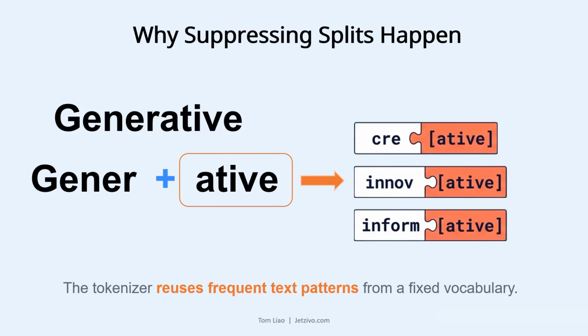Frequently occurring character sequences are more likely to become larger reusable tokens. Less common words, unusual names, or unfamiliar strings may be divided into smaller pieces. The result may look like linguistic analysis, but it mainly comes from vocabulary construction and the tokenizer's encoding algorithm.